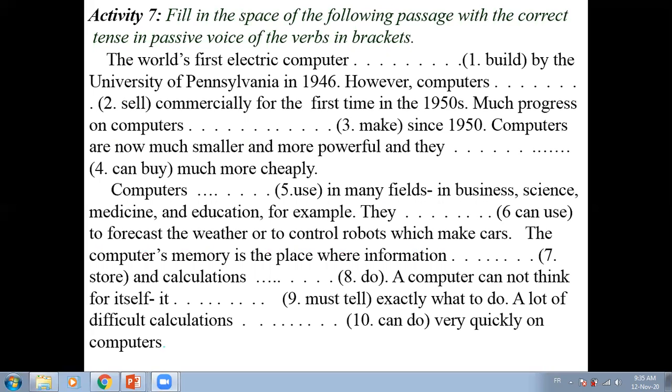So remember, in this exercise we use all the tenses in passive voice, not only the simple present, like activity number 3, right? Now we have 10 blanks. Okay, 5 minutes for you to do this task. Read the passage carefully and try to do this.